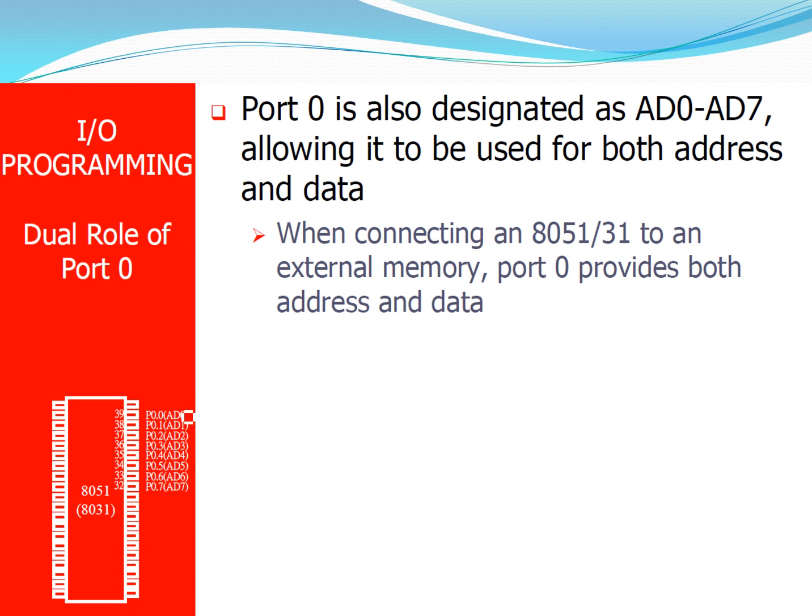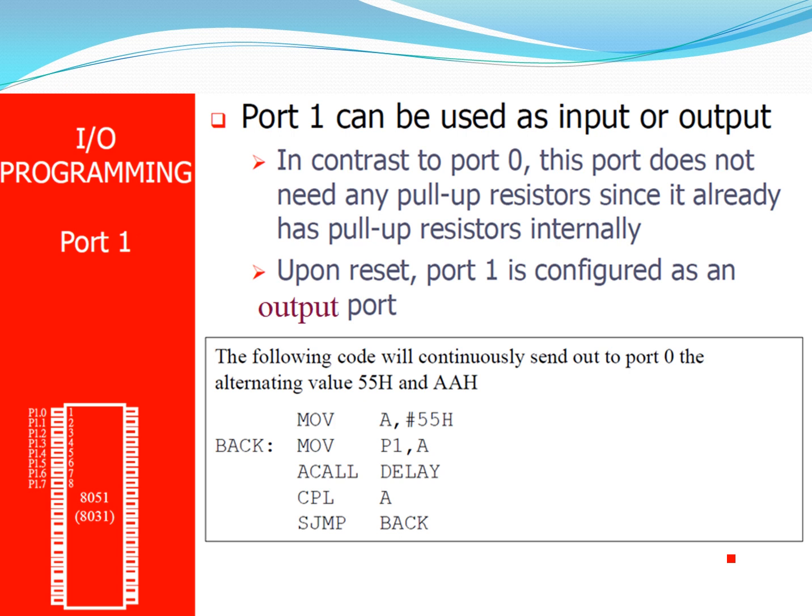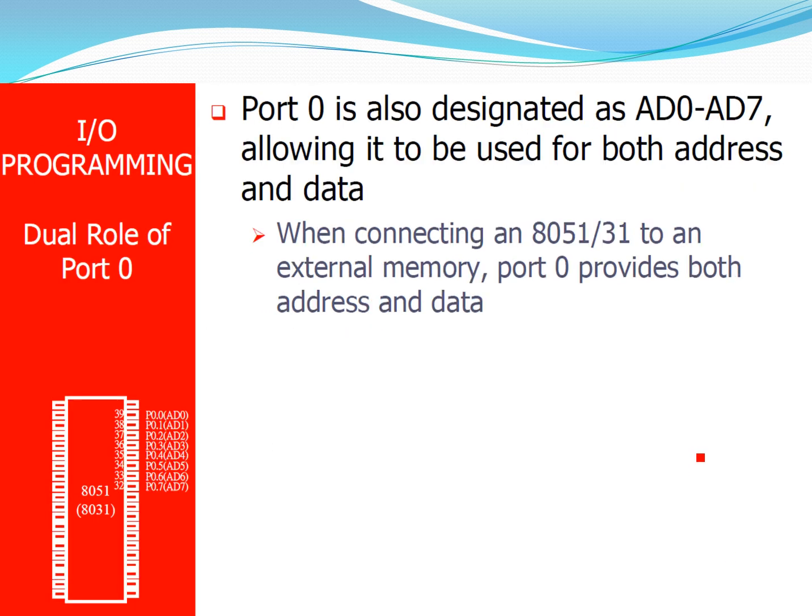It provides AD0 to AD7, that is the lower byte of the address bus, and the data bus, that is D0 to D7. Both are multiplexed here. So when connecting an 8051 to external memory, port 0 provides both the lower order address as well as data, that is D0 to D7. So this is about port 0.